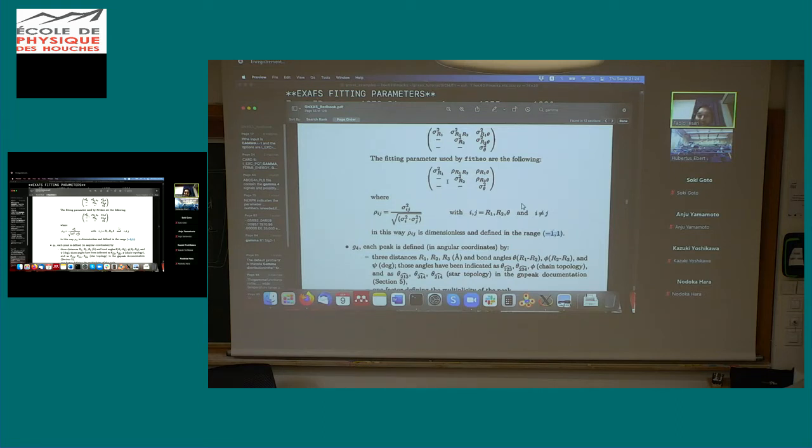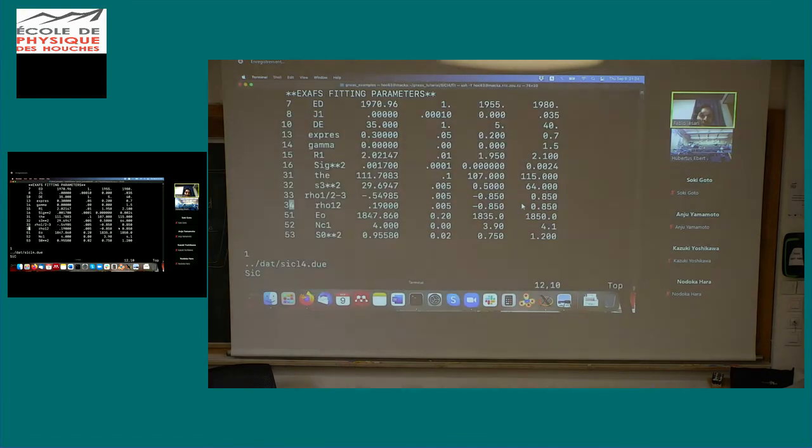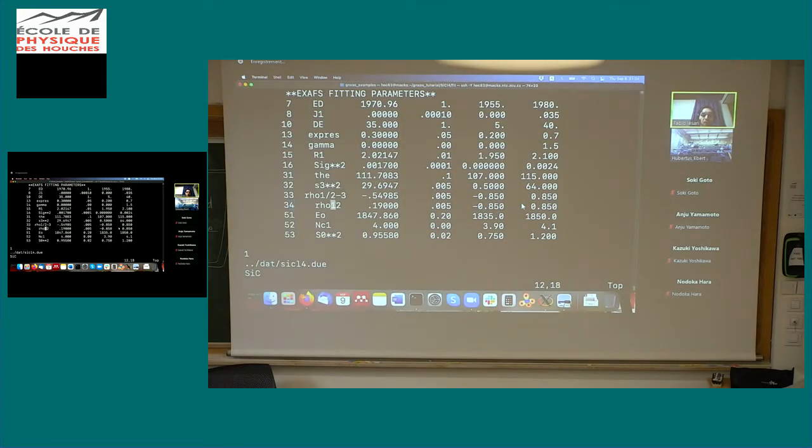So in this table, this rho 1, 2 is the correlation between R1 and R2. It's always between, you see here, in this case we put between minus 0.85 and 0.85. And then the other parameter correlation is this one, which is between R1 and the angle.